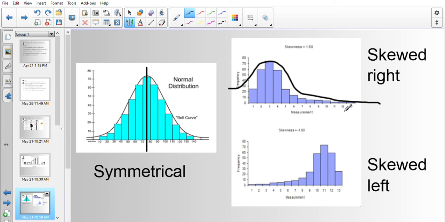Think about what a tail is, like the tail of a mouse. It gets skinny, right? The tail points to the right. This graph over here, if I were to draw a line, that graph is skewed left because the tail trails off to the left.